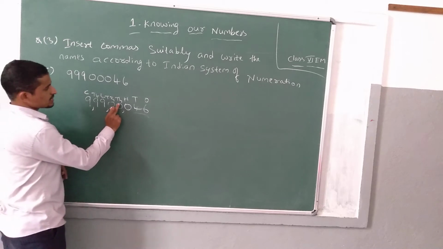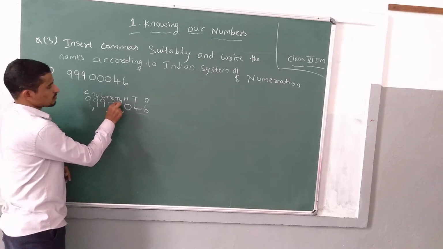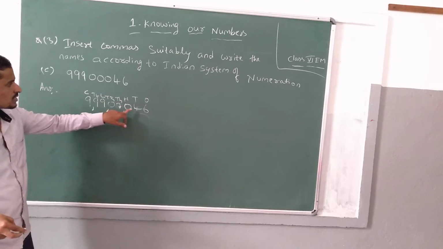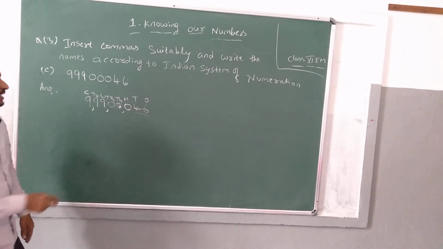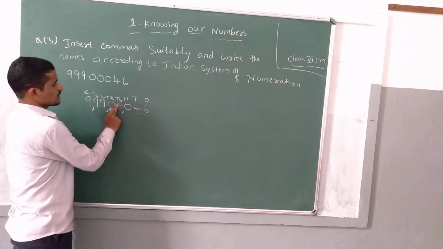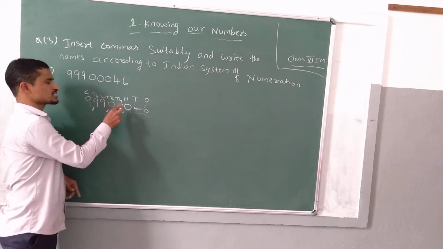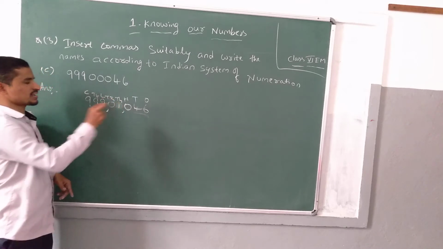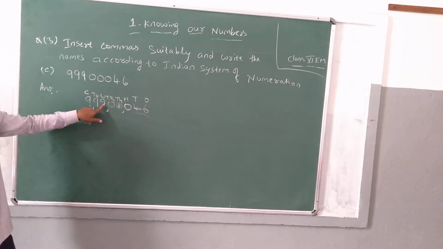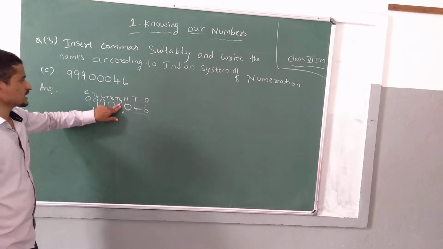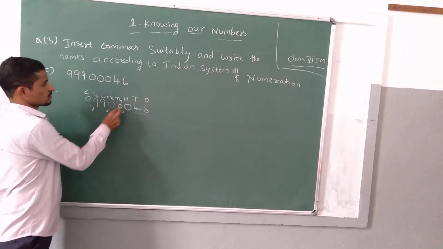Suppose some number is given here in the 1000 place. What will happen here? 9 crore 99 lakh 7046. There you can read, there you can pronounce where it is a number other than 0, that is 1, 7, anything. 9 crore 99 lakh 1046. Here nothing is there, 0 is there.